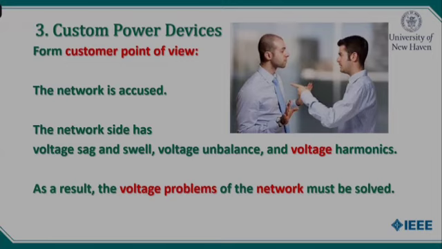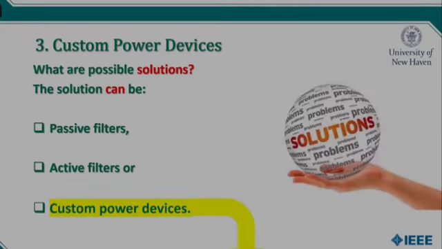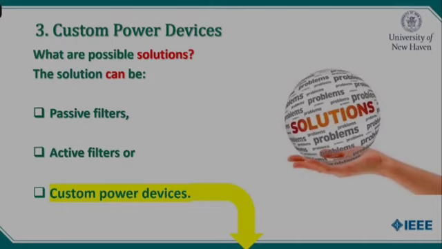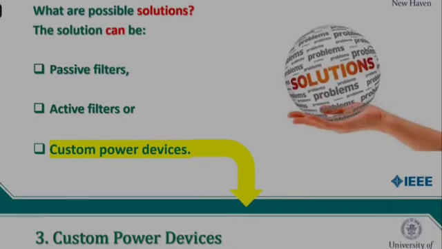But how? Next slide. Also, there are possible solutions to solve this problem, for example passive filters and active filters. But here we want to focus on custom power devices, which should solve these problems. Next slide, please.